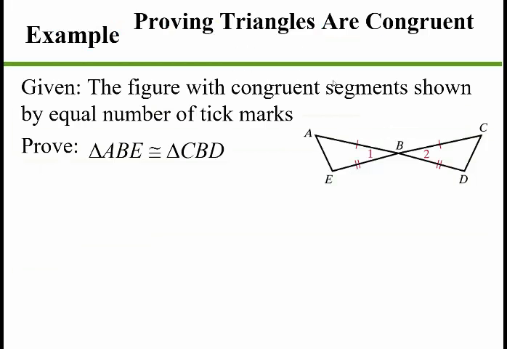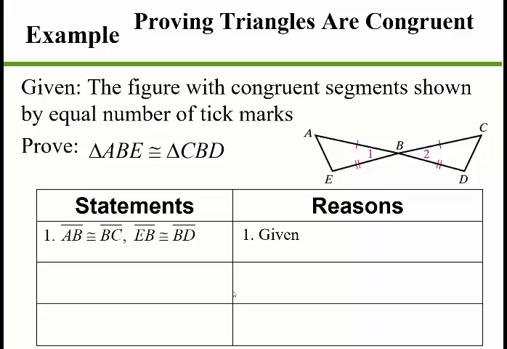All right, let's prove a triangle congruent here. Given the figure, with the congruent segments shown by equal numbers of tick marks as we've seen, I want to prove that triangle ABE is congruent to triangle CBD. Two-column proof. Start with what's given: side AB is congruent to BC, and EB is congruent to BD.